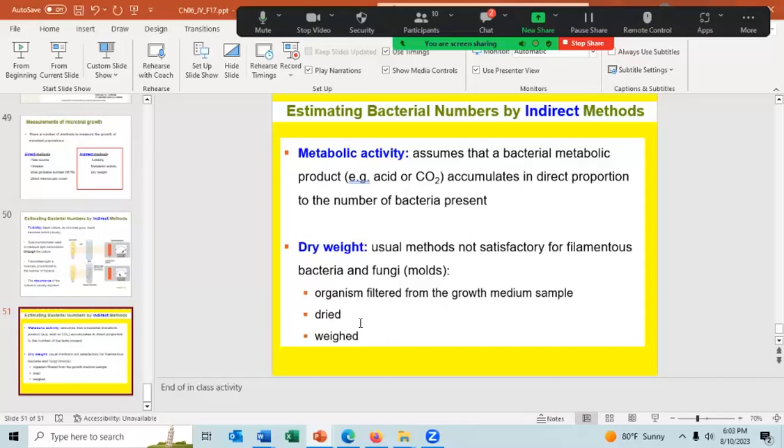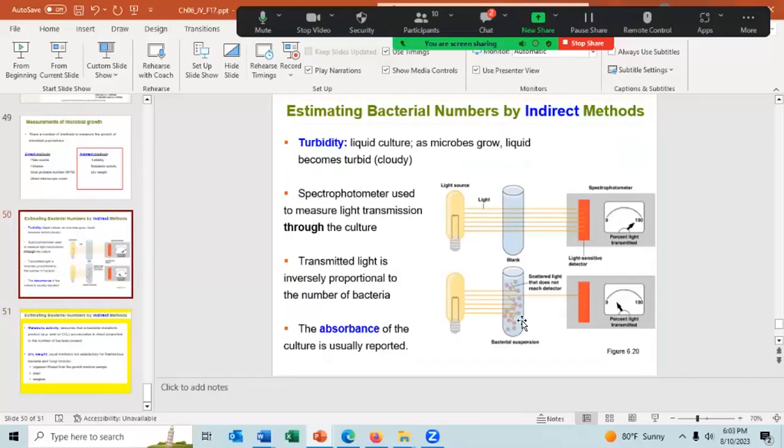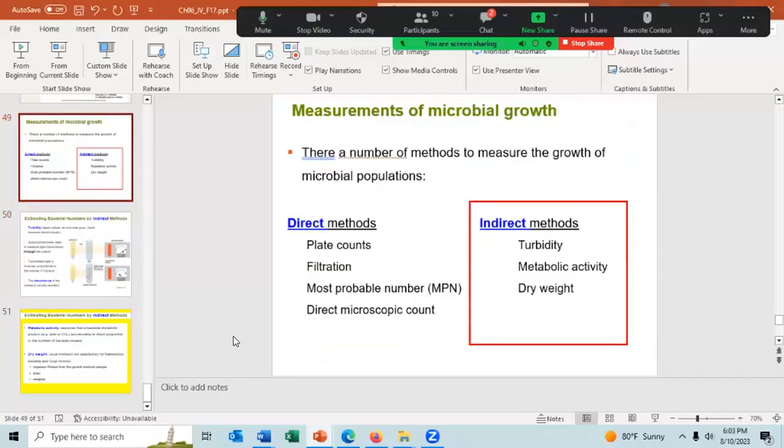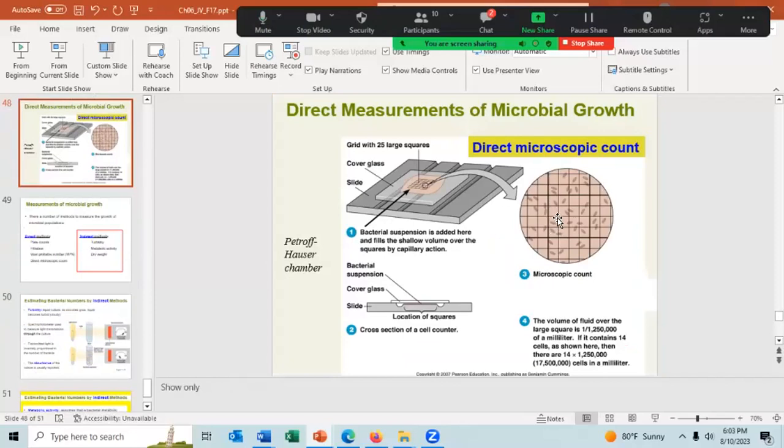It does have a disadvantage. In fact, all of the methods, except for the viable plate count, will measure the number of dead cells. A dead cell will add weight to the dry weight. A dead cell will block the light in turbidity. A dead cell, when you're looking at it under the microscope in the cell count, you can't tell whether that cell is viable or dead.